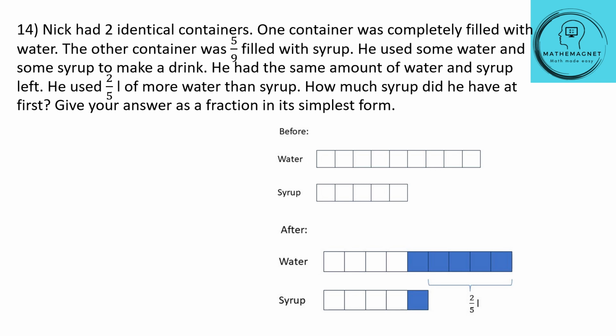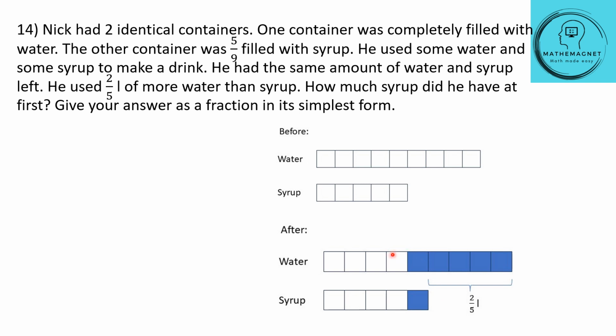Now here they are also saying he has used 2 by 5 liters more water than syrup. So here, the differential unit between water and syrup is 4 units. If he has used 5 units of water and 1 unit of syrup, the differential will be 4 units.